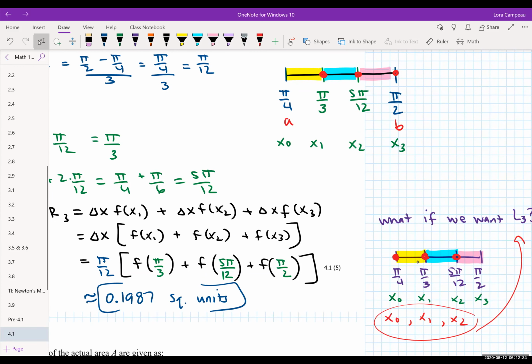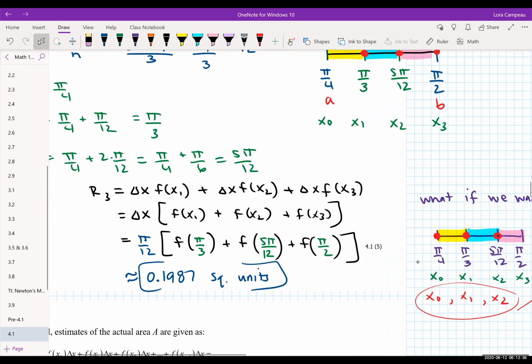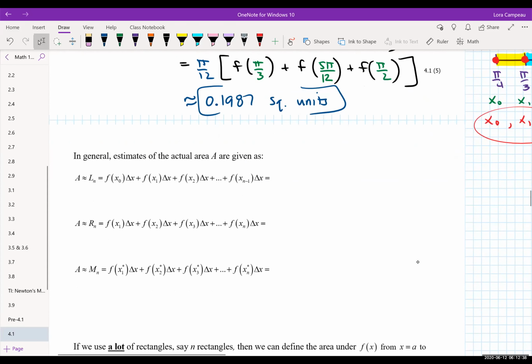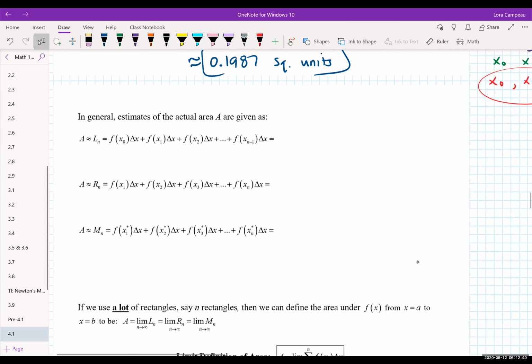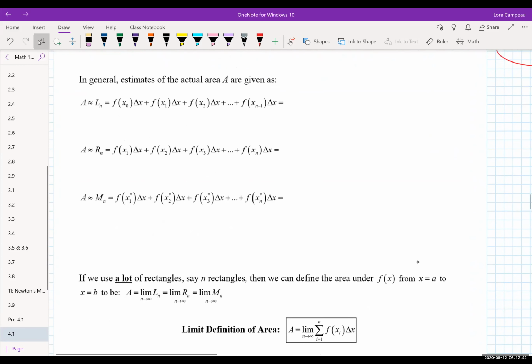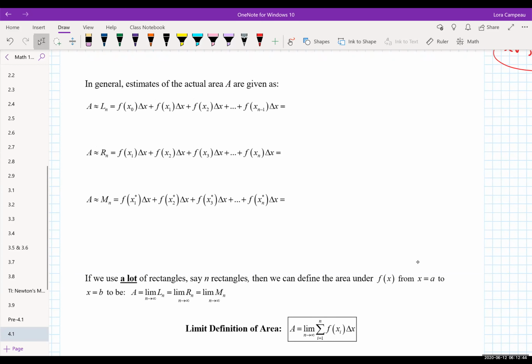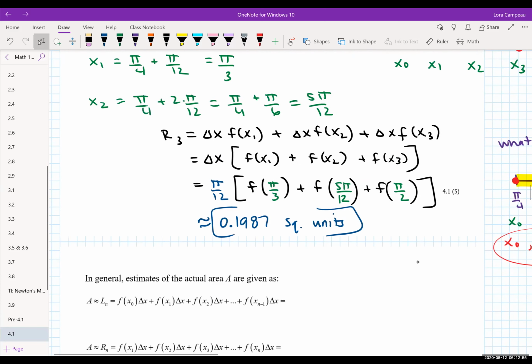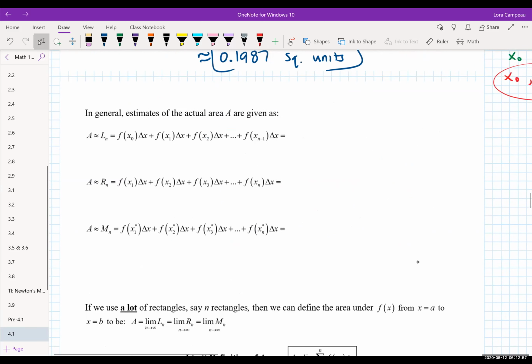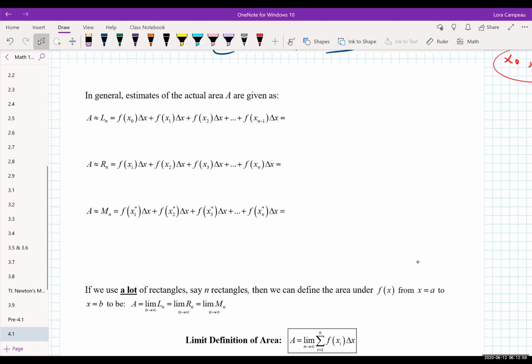So if I can give you a summation of all of this, no pun intended, I'm using the summation notation. Anyways, you have the general estimates of the actual area. It helps you understand what endpoints you're using. But again, I don't bother memorizing things if I can automatically draw them and visualize them. Save your brain for other things.